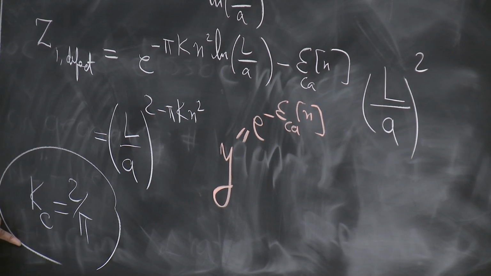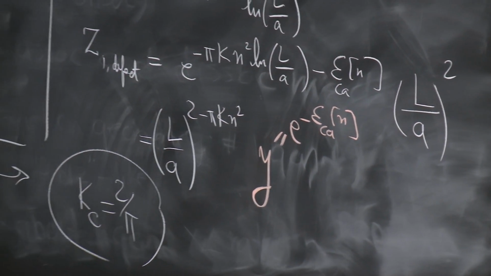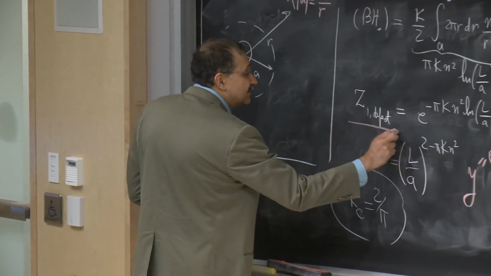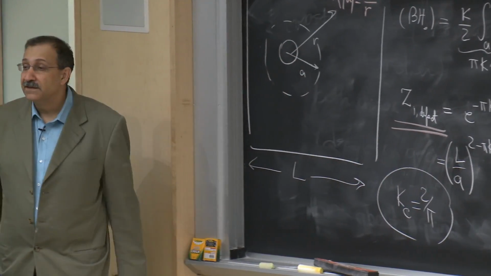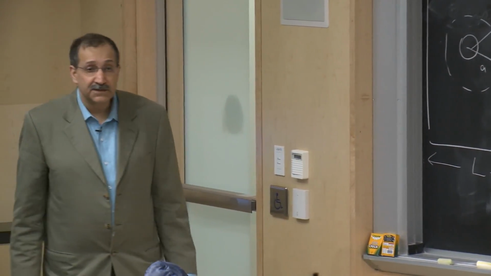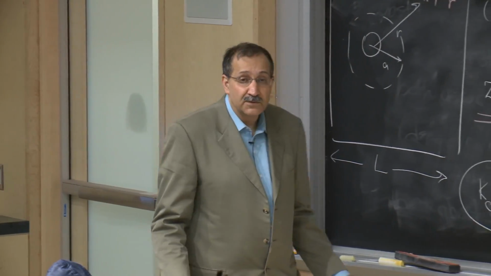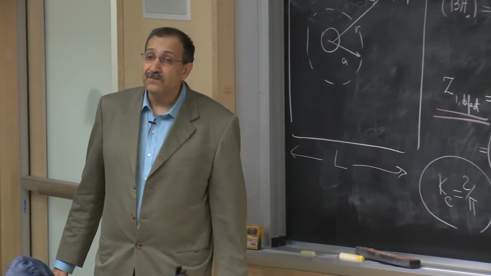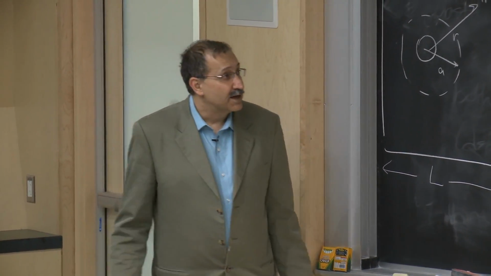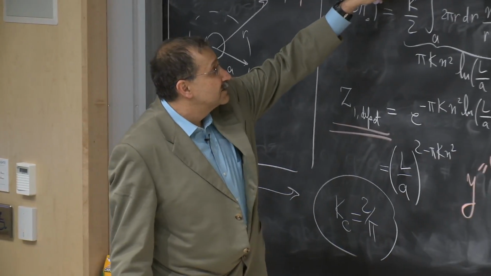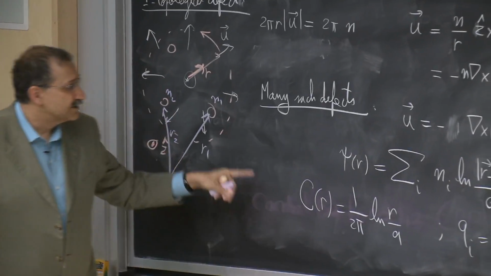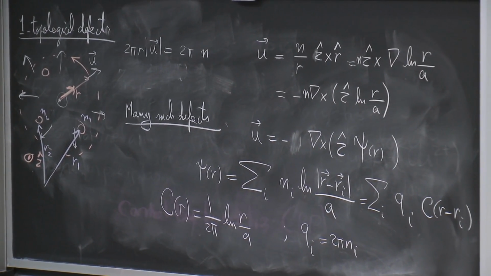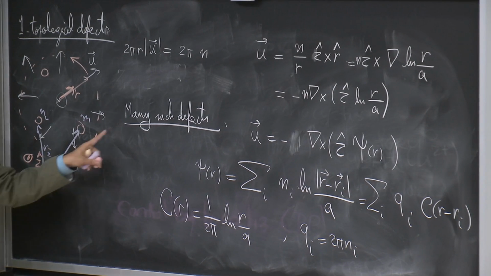But this picture is nice, but certainly incomplete, because who said that there is any legitimacy in calculating the partition function that corresponds to just a single topological defect? If I integrate over all configurations of my angle field, I should really be calculating a partition function that corresponds to many defects.